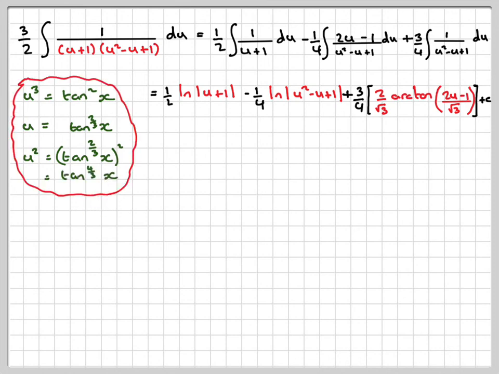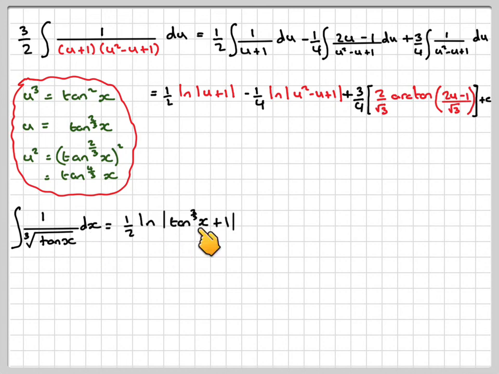Right, so we now substitute in. My original integral, which is 1 over the cube root of tan x dx, will be equal to 1/2 of ln of tan to the 1 over 3 x plus 1, minus 1/4 of ln of u squared, which is going to be tan to the 4 over 3, minus u, which is tan to the 2 over 3, plus 1.